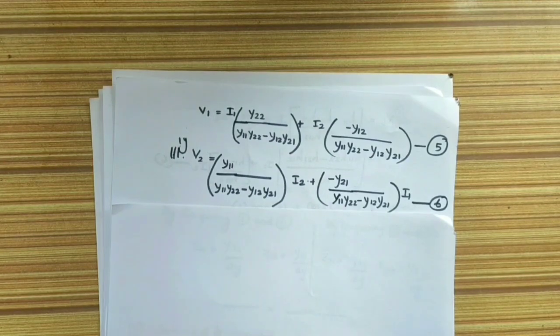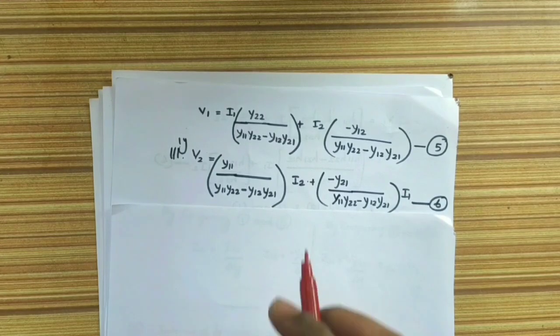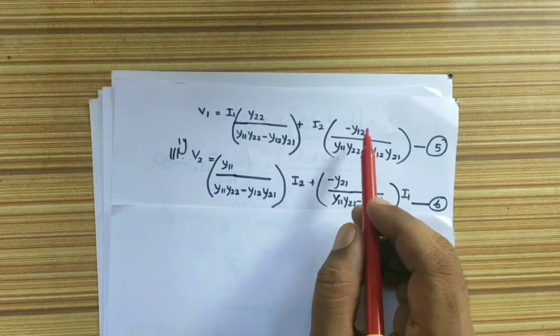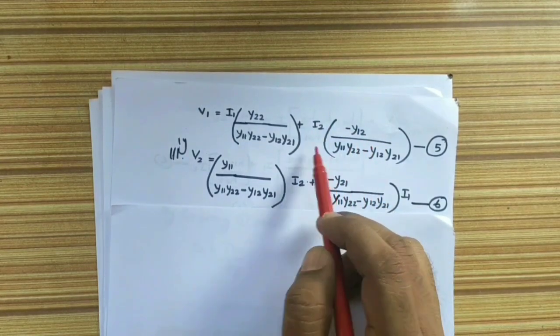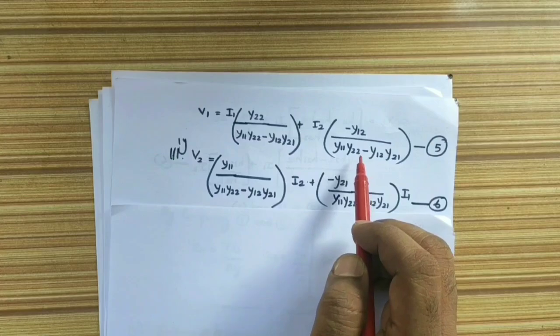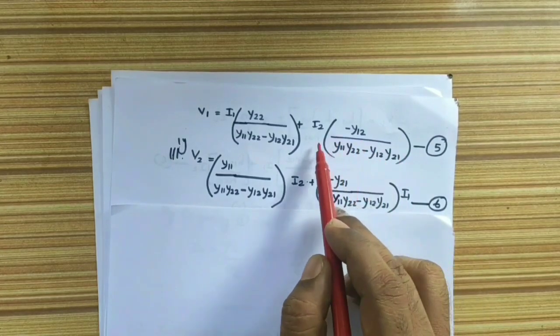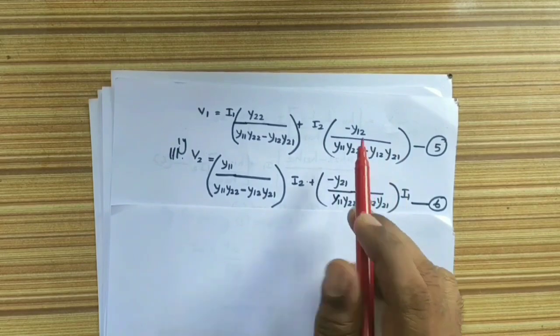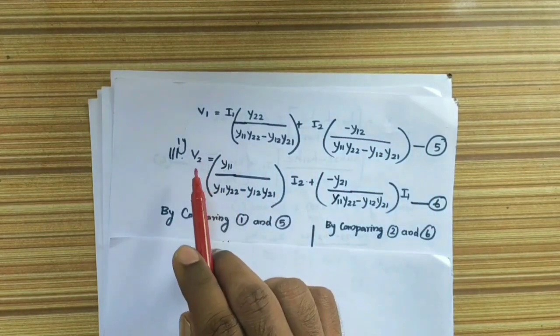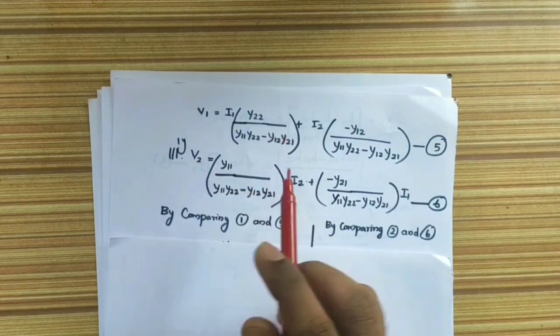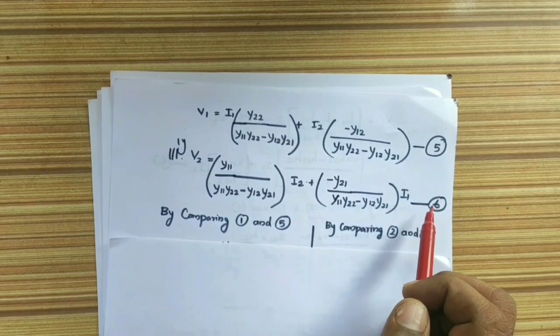That is nothing but V1 equal to I1 into Y22 divided by Y11 Y22 minus Y12 Y21, plus I2 into minus Y12 whole divided by Y11 Y22 minus Y12 Y21. For simplicity we can consider this denominator as del Y. Similarly we can write V2. This is equation number 5 and 6.